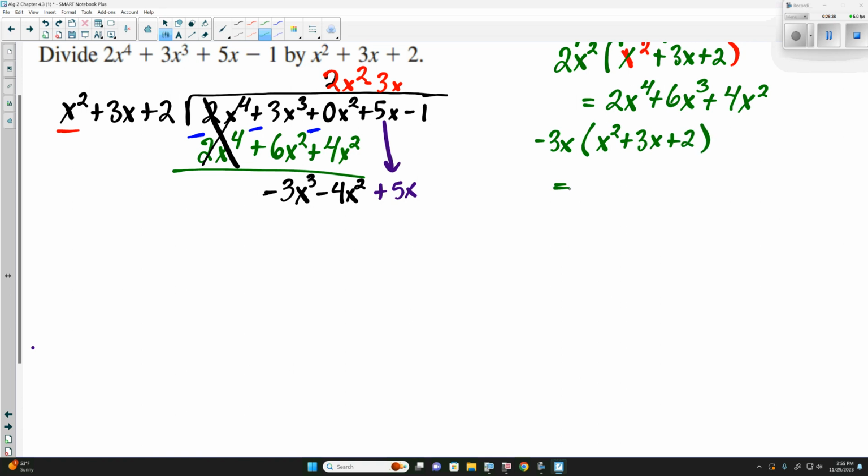So when we distribute this here, negative 3x times x squared is negative 3x cubed, which is what we wanted. Negative 3x times 3x. Negative 3 times 3 is 9. X times x is x squared. And negative 3x times 2 is negative 6x.